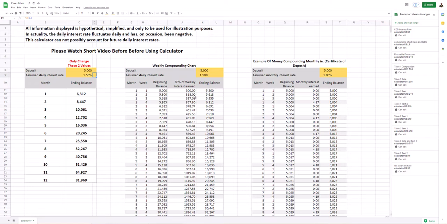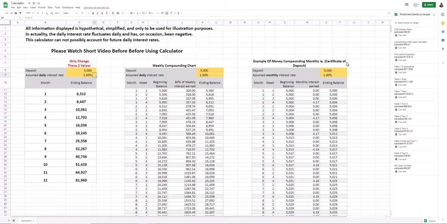That next week, I net $318. The next week, $337. The next week after that, $357. The next week after that, $378, and so on and so forth. And after 6 months, that 5,000 has now turned into $19,099. Again, at 1.5% rate.